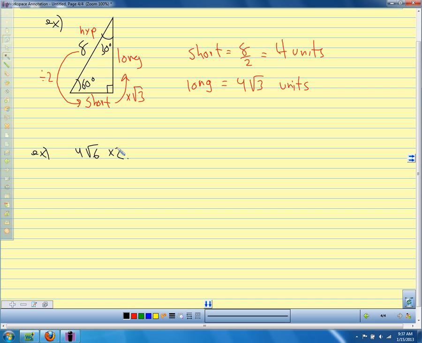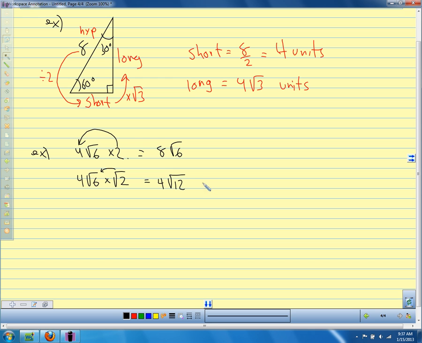So when I multiply this by 2, I'm just multiplying the 4 by the 2. So that's going to be 8 square root 6. If I had 4 square root 6 times the square root of 2, the numbers inside the square roots go together, and this would be 4 square root 12.